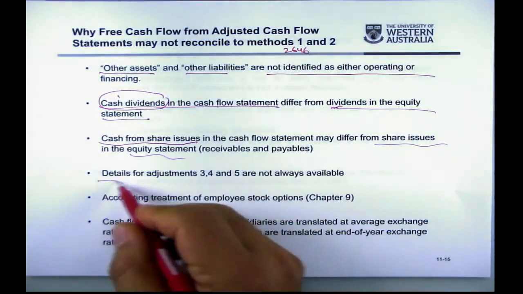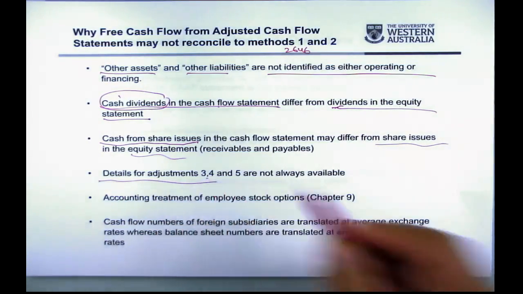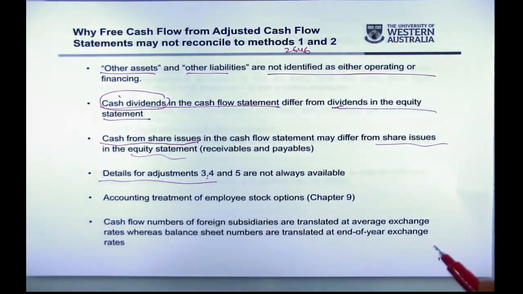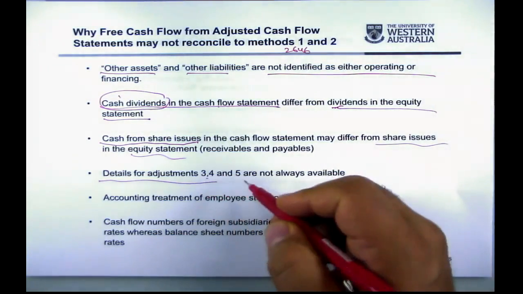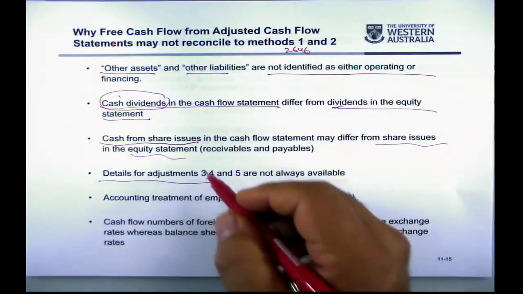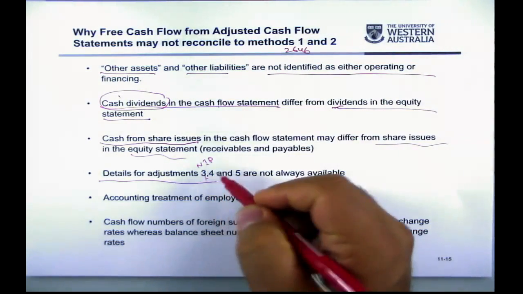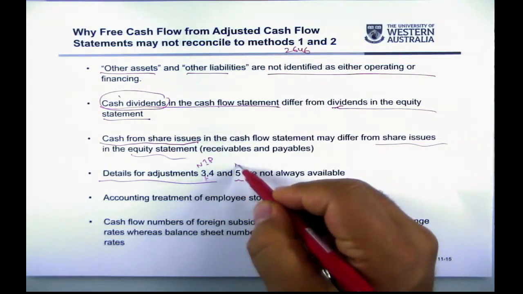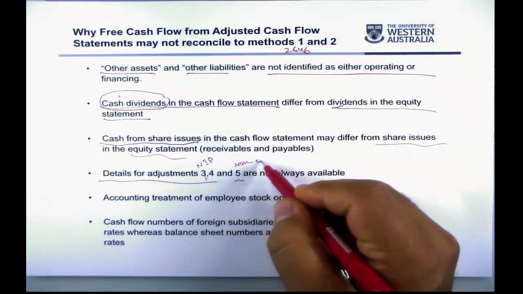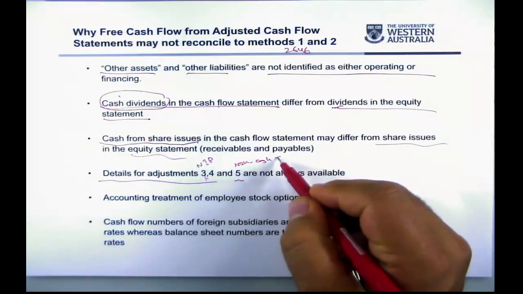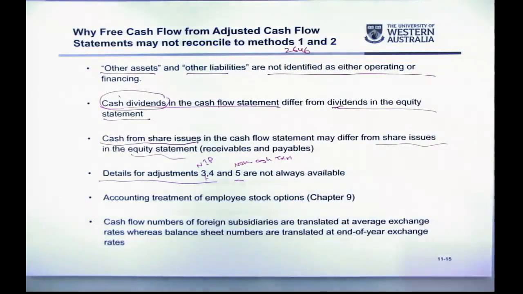Sometimes also the details for adjustments 3, 4, and 5 are not always available. Remember 3 and 4 and 5. 3 and 4, when we calculate the net interest paid and the tax treatment, and 5 is the non-cash transactions. So sometimes we do not have enough details.